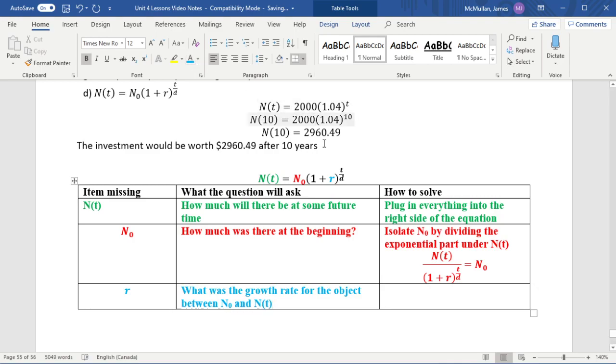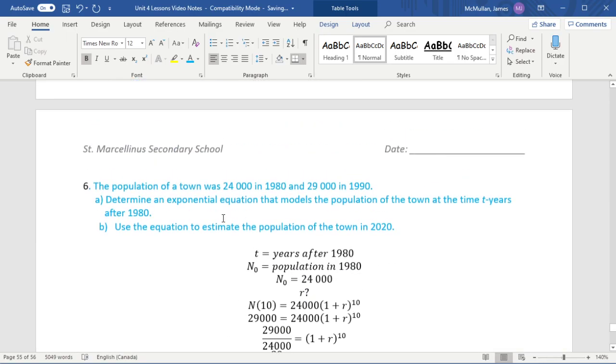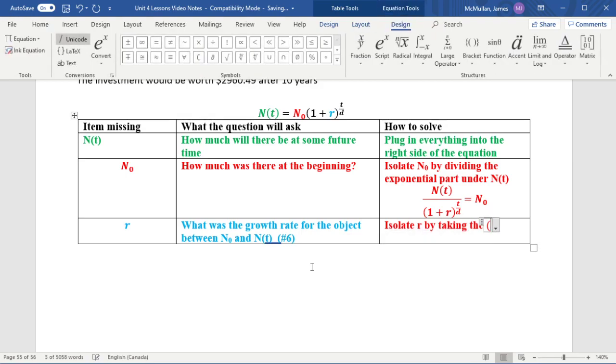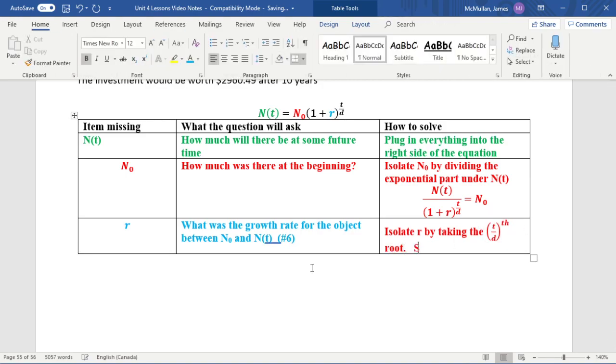So this is like number 6, because what you did in number 6 is what this would be like. What you do here is isolate r by taking the t over d-th root, like you did in the question. So see number 6. We took the 10th root because it was 10 years.